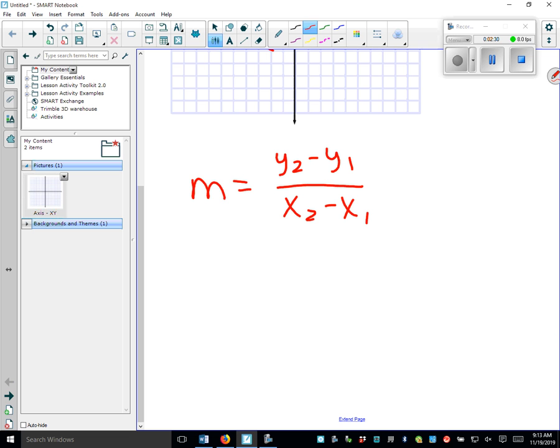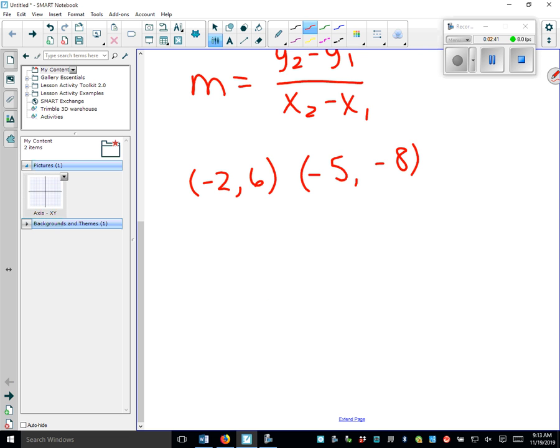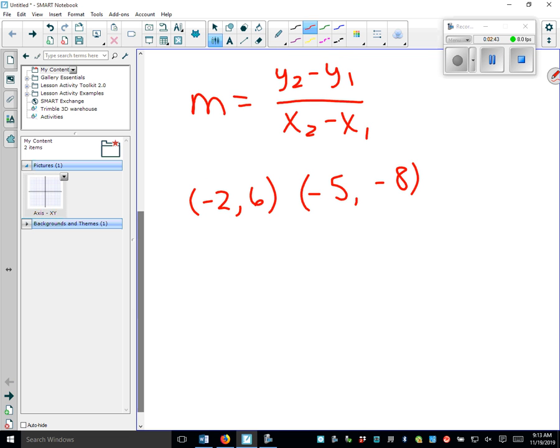So if I have the points negative 2, 6, and negative 5, negative 8, what is the slope of the line? Negative 8 minus 6, over negative 5 plus 2, which is negative 14 over negative 3.